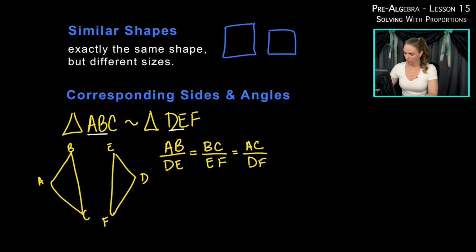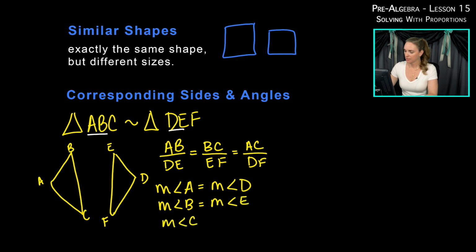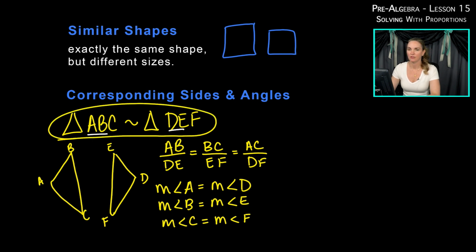Another thing we can determine is the measurement of our angles. The measure of angle A is equal to the measure of angle D. The measure of angle B is equal to, you guessed it, the measure of angle E. And the measure of angle C is equal to the measure of angle F. All of these can be determined just by being given this information right here: triangle ABC is similar, that's what this symbol here is, to triangle DEF.